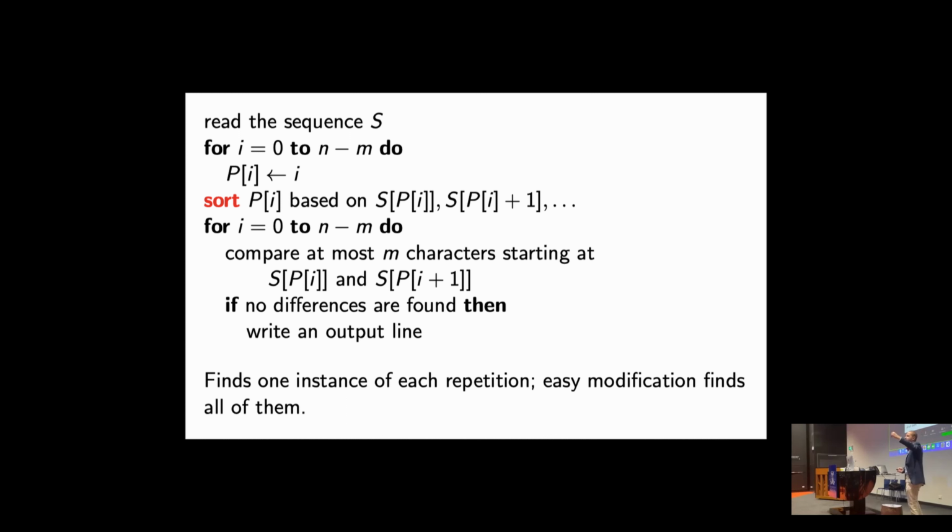What about the second one? Does the second one match with the third one? If yes, print it out. If not, keep going. And we repeat this over and over until we have checked for each of the suffixes if it's repeating. And that's our algorithm. This makes finding one instance of a repeat very easy, and it only takes a slight modification to find all the possible repeats, which I'll leave to you as an exercise.